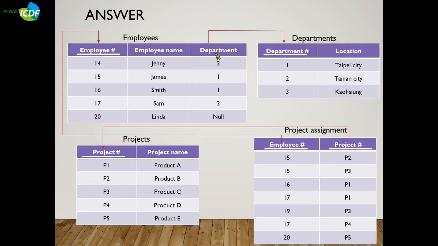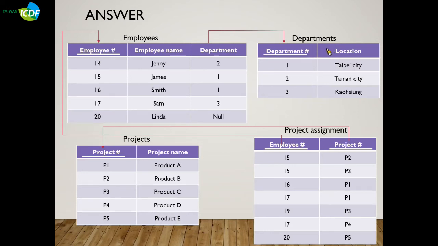So department is the foreign key, which references the primary key of the department table. And the department table has a non-key attribute, location, which is not the primary key of any table, so department has no foreign key.